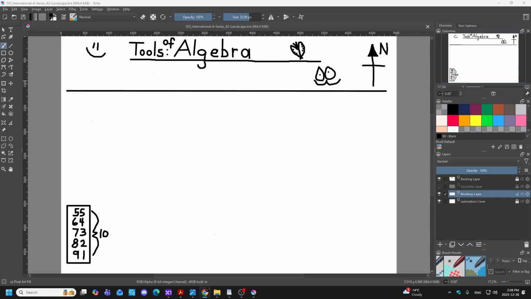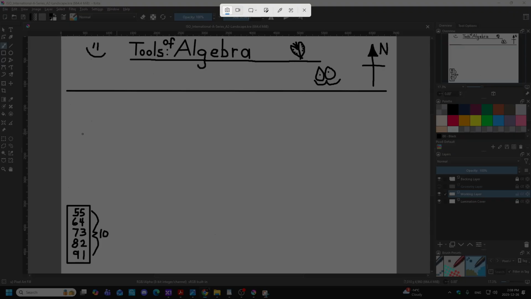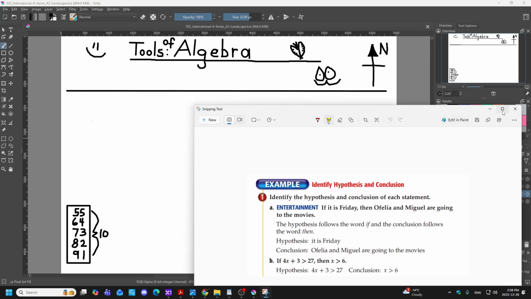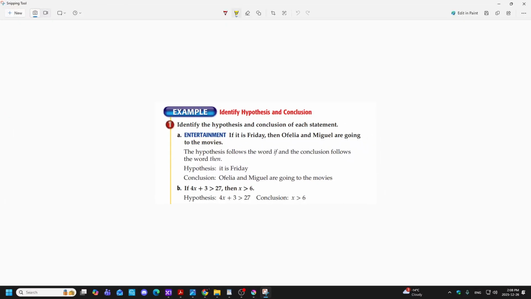All right, here is another example. I think this is just to kind of get you to think a little bit. That's okay. It's good for the brain, right? Identify the hypothesis or hypotheses and conclusion.